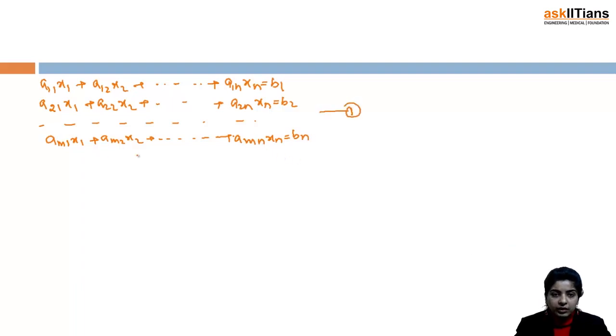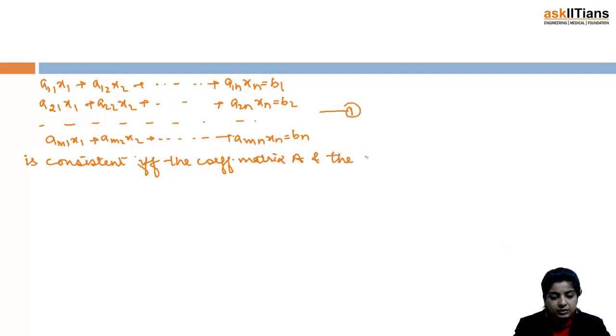Now this is the system of equations that we have. This will be termed as consistent if and only if the coefficient matrix A and the augmented matrix have the same rank. I'll explain what we mean by the augmented matrix.